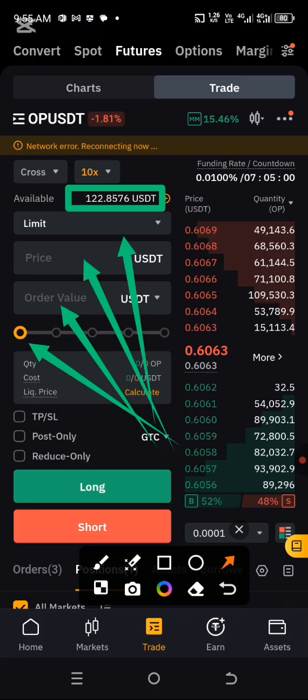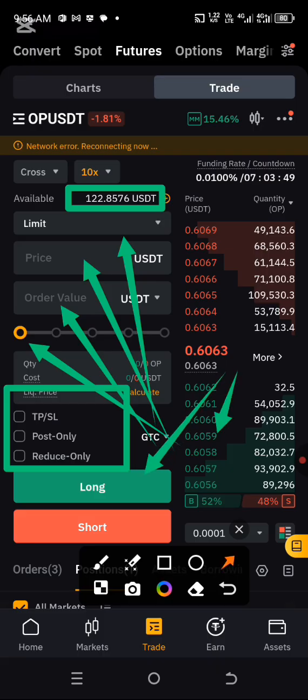The minimum percentage that you can use this button to drag is 5%. So you can use 5% of your account, 10%, 20%, 30% of your account to buy or to trade the coin. Okay, so I believe you understand these other ones here, which are the long button and the short button. Long means buy, short means sell.